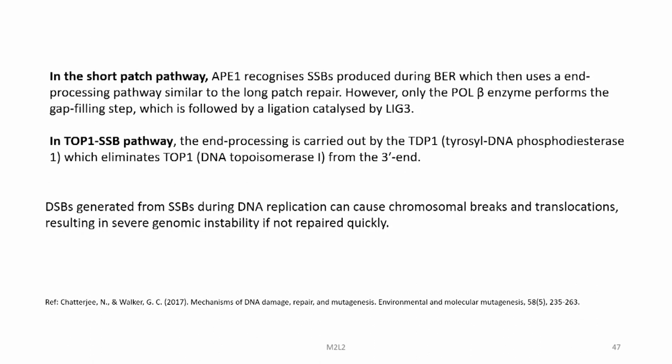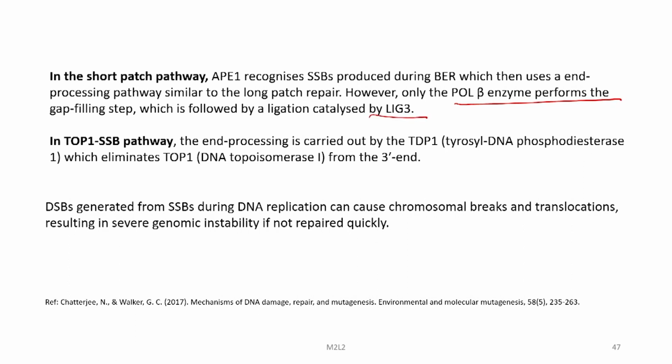In the short patch pathway, APE1 recognizes SSBs produced during base excision repair, which then uses an end processing pathway similar to the long patch repair. However, only the polymerase beta enzyme performs the gap filling step, which is followed by ligation catalyzed by Lig3.